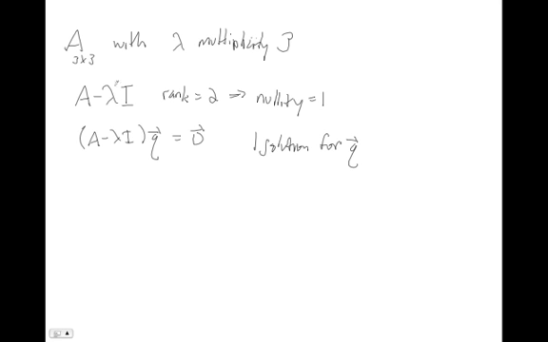So the fact that I assumed this had rank 2 means it has nullity 1, which means there's only one distinct eigenvector. In this video we're going to be talking about things called generalized eigenvectors. To distinguish between generalized eigenvectors and eigenvectors, I'm going to keep using Q to mean eigenvectors, and I'm going to use V's to mean generalized eigenvectors.